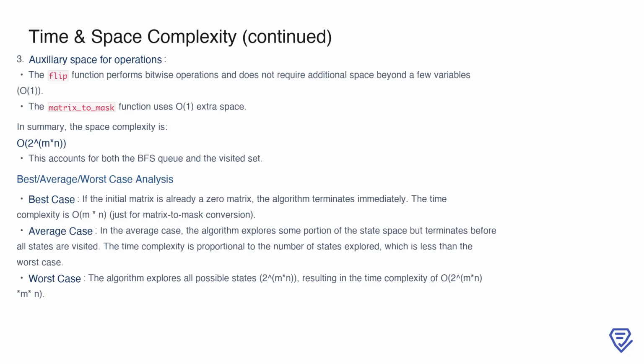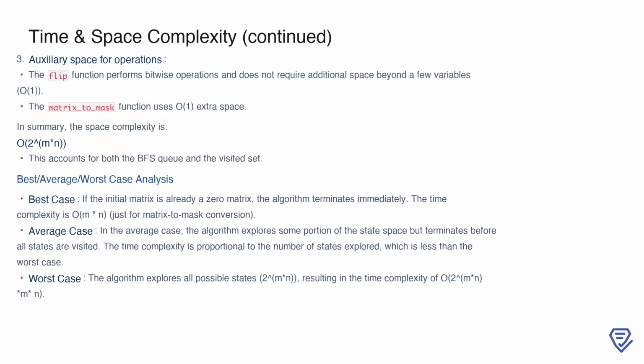When analyzing the best, average, and worst cases, the best case occurs if the initial matrix is already a 0 matrix. Here, the algorithm terminates immediately after matrix-to-mask conversion, resulting in a time complexity of m*n. In the average case, the algorithm explores some subset of the state space before finding the solution, making the time complexity proportional to the number of states visited.